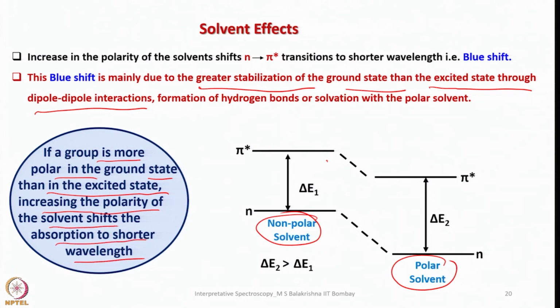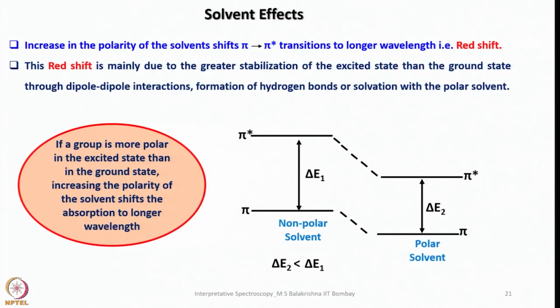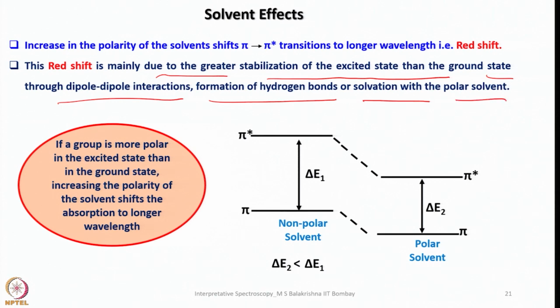This is hypsochromic shift, blue shift. On the other hand, increase in polarity of the solvent shifts pi to pi star transition to longer wavelength, and then it's called red shift. The red shift is mainly due to the greater stabilization of the excited state than the ground state through dipole-dipole interaction. Formation of hydrogen bonds or solvent effect with the polar solvent is responsible for this kind of rearrangement.